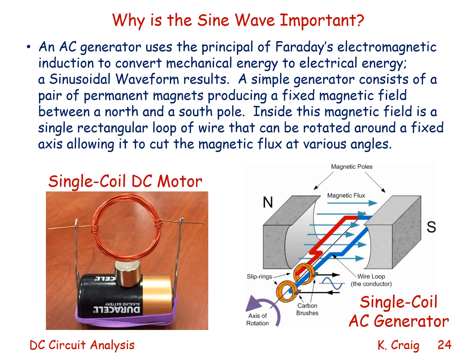A simple generator consists of a pair of permanent magnets producing a fixed magnetic field between a north and a south pole, as shown in the bottom right diagram. Inside this magnetic field is a single rectangular loop of wire that can be rotated around a fixed axis, allowing it to cut the magnetic flux at various angles.